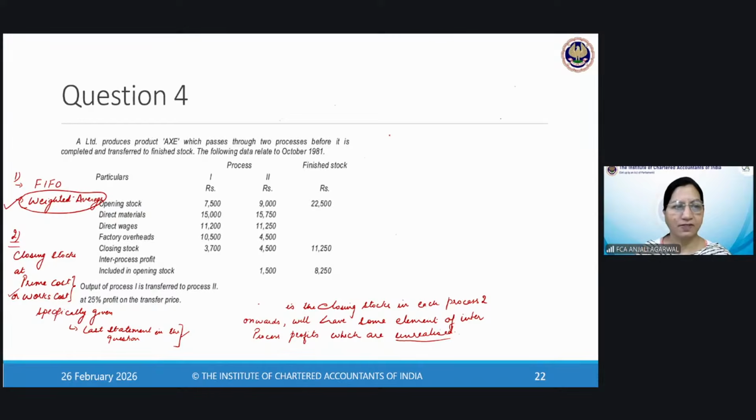What is the difference if the closing stock is valued at prime cost? If it is valued at prime cost, your order would be opening stock, sorry, not WIP, plus material, plus labor, plus direct expenses if there are.